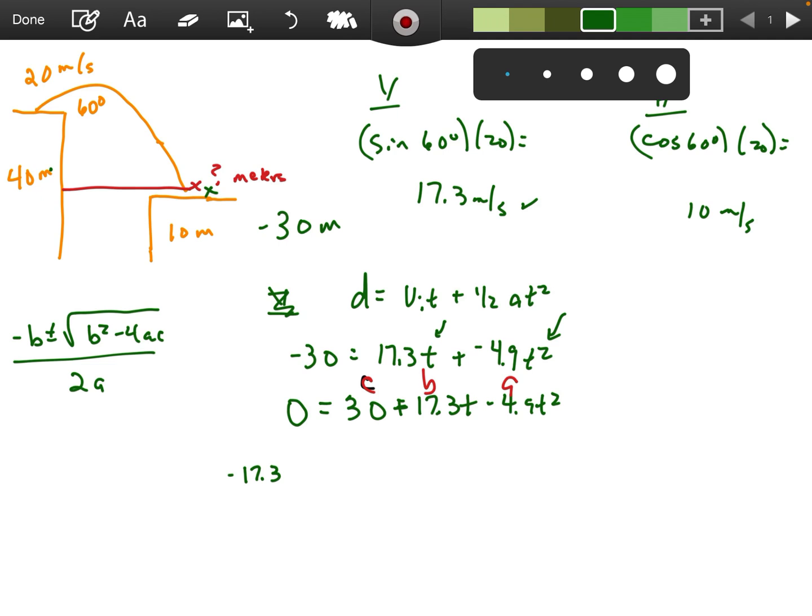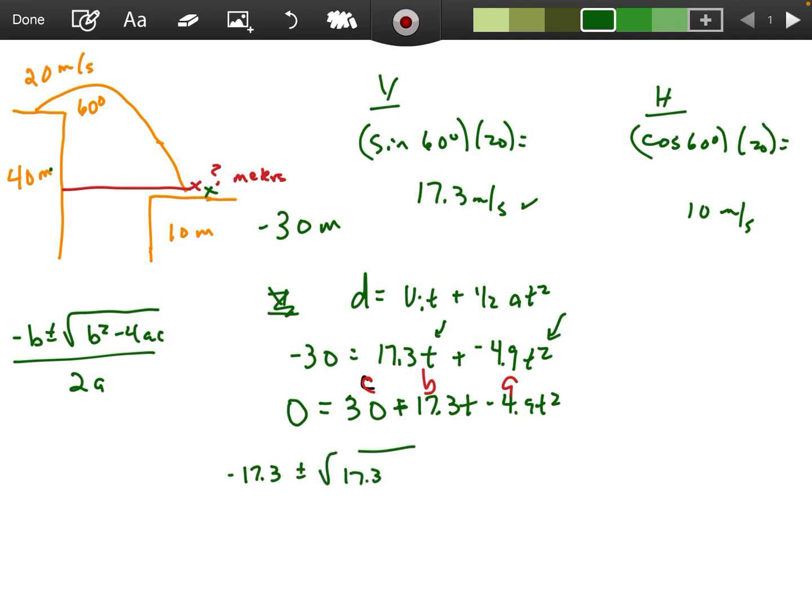So negative 17.3 plus or minus the square root of 17.3 squared minus 4 times a, which is negative 4.9, times c, which is just 30. Again, if you want all the 2 points, show me, all of this over negative 2a, which is negative 9.8.